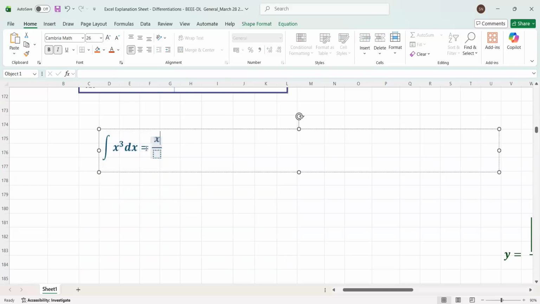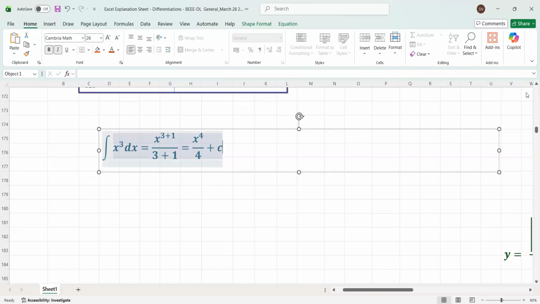This is x raised to the power 3 plus 1, all divided by that 3 plus 1. Finally, this gives me x raised to the power 4, all divided by 4, plus a constant. Because we are not finding the limits, you should get something like this.